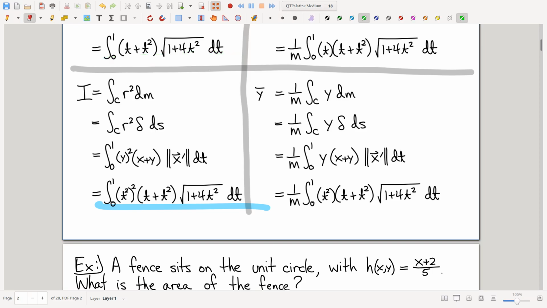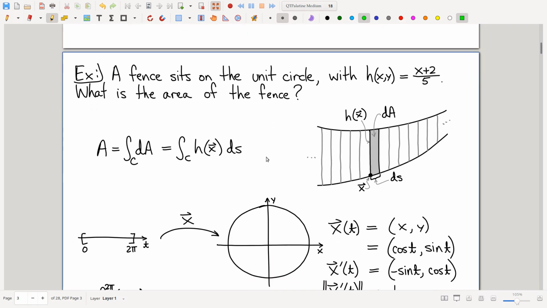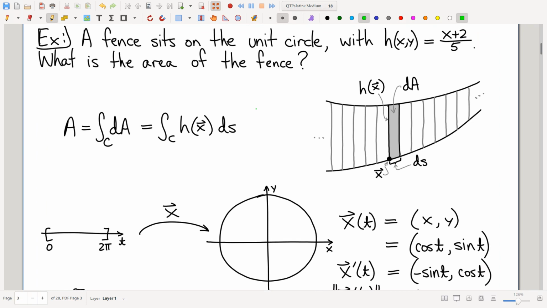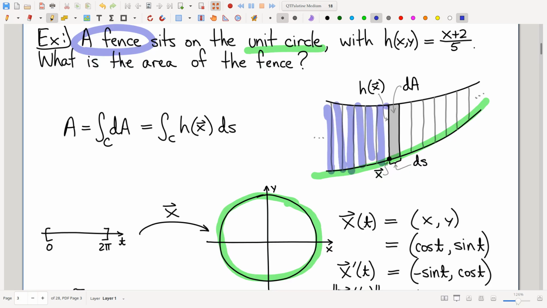All right, here's another example. This is manufactured, but not entirely nonsense. I've got a plot of land, the boundary of which is the unit circle, and on this unit circle I have a fence, sitting right on top of the unit circle, like so.